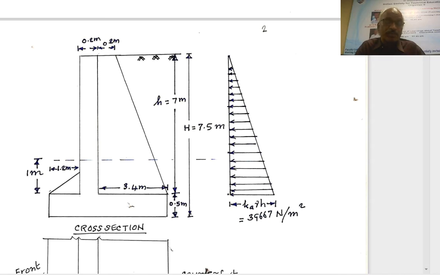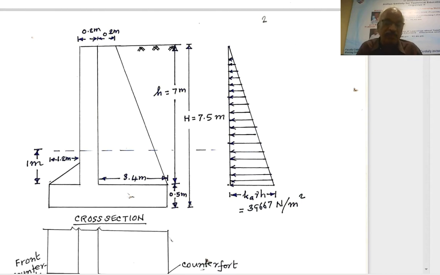The length of the toe slab is 1.2 meters, and in between you have 0.2, which is the width of the upright slab. The pressure intensity is 39,667. So all the dimensions are there.